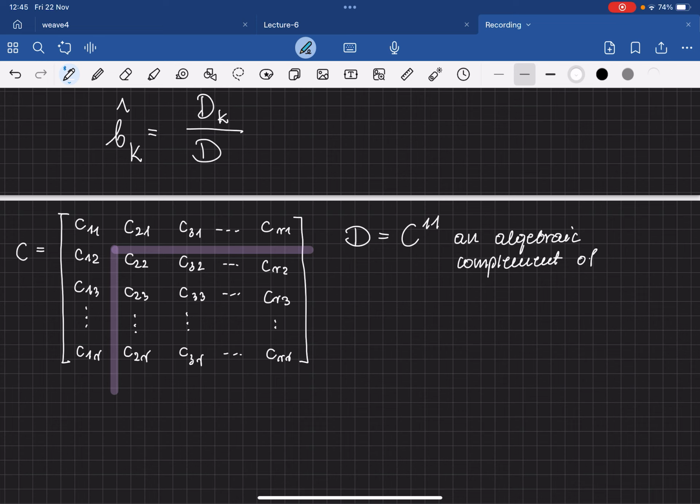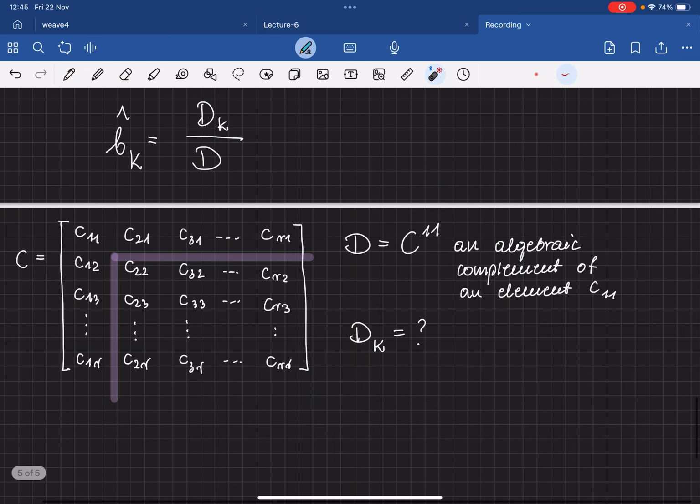Algebraic complement of an element C11. And then let us analyze the problem with Dk. What's Dk? If I want to have Dk, what I do, say k equals 3, I remove this column and I put the first column in this place.